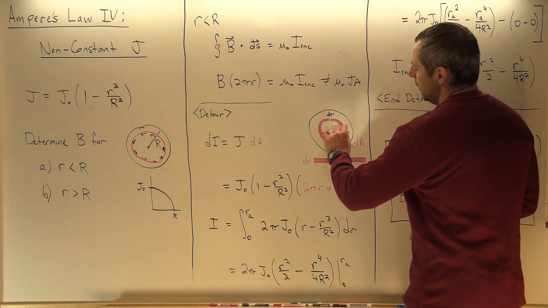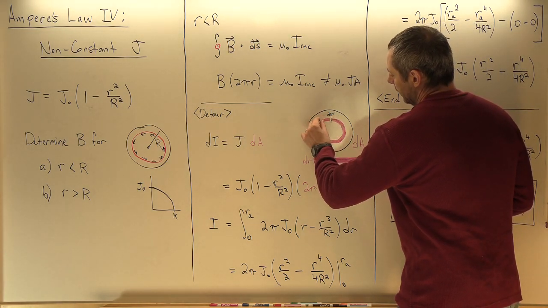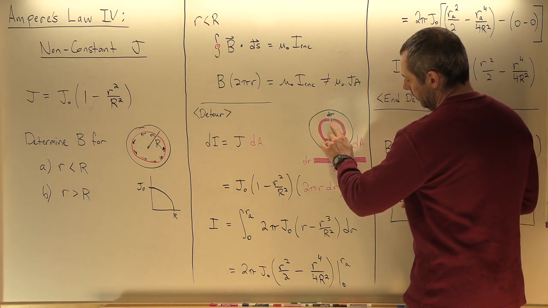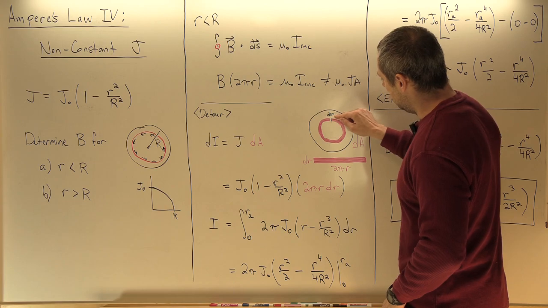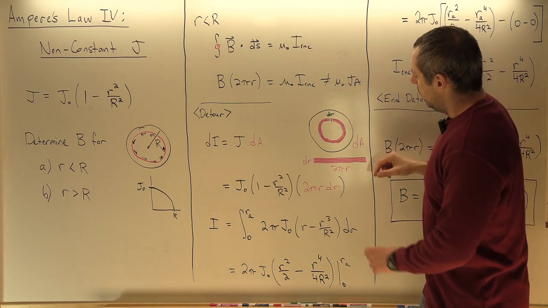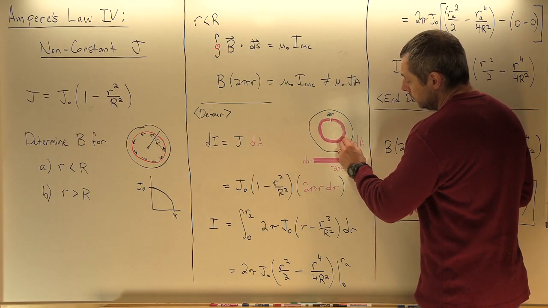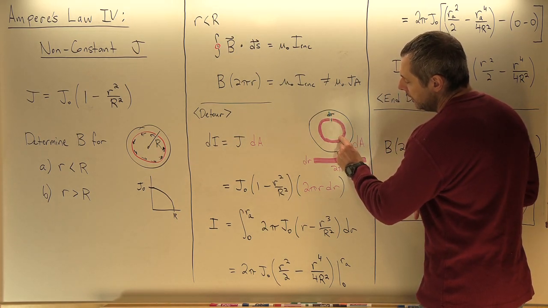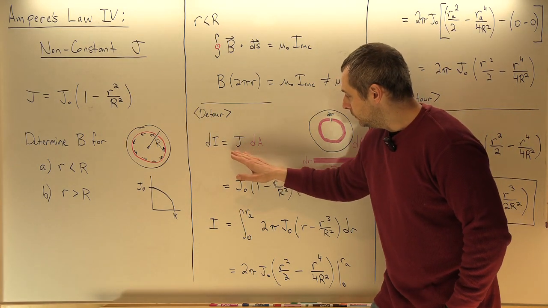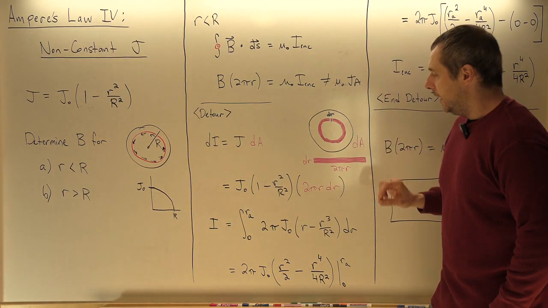I pick an area that's like a ring, very thin. It's got a thickness of dr. Since dr is so small, the current density will not vary much over that ring. So we can say I equals J times area for that tiny ring.